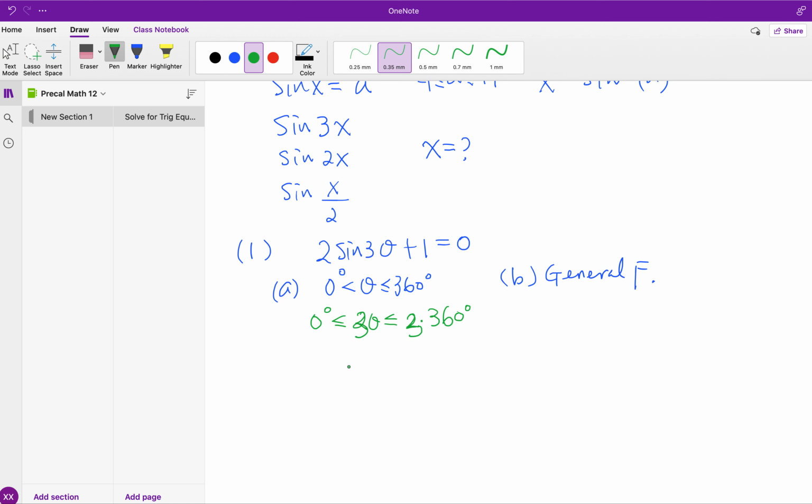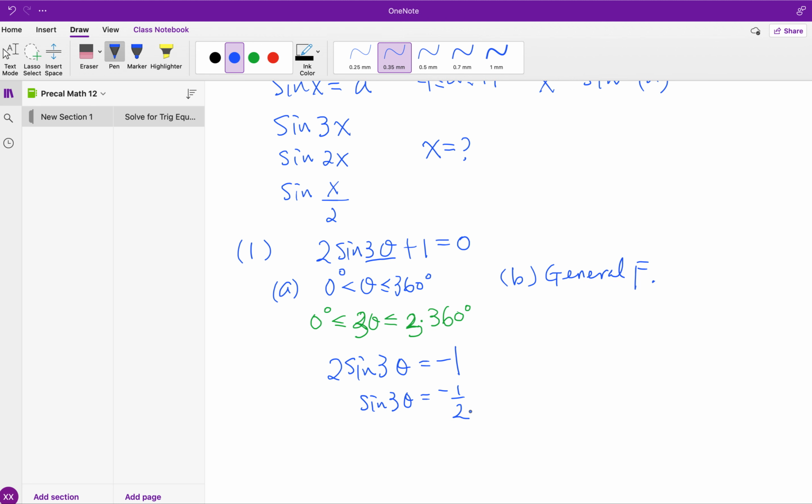All right, so for the rest, first of all, what I do is the same as we do for the other practice with only theta. So just treat 3 theta as one angle. I'm just quickly doing this. So this equals -1, and in this case sine of this equals -1 over 2.